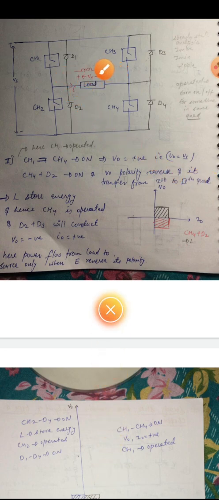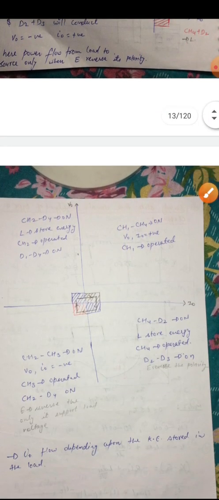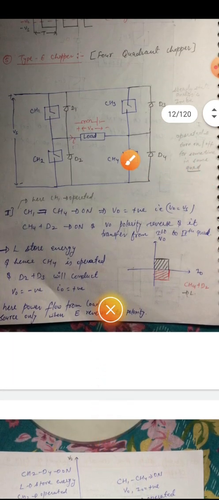Now it will change its polarity to plus and minus over here, and it will get discharged. It has been charged with this plus and minus polarity, so it will change its polarity and its stored energy will be dissipated.